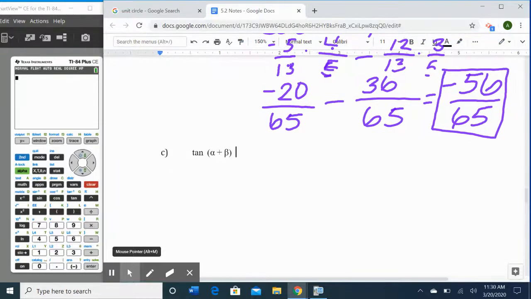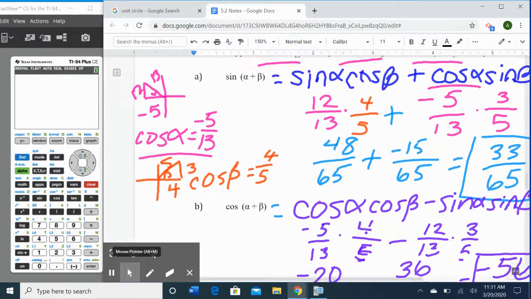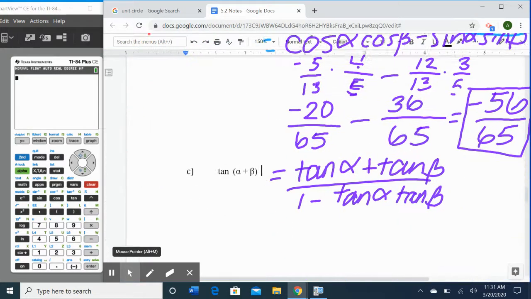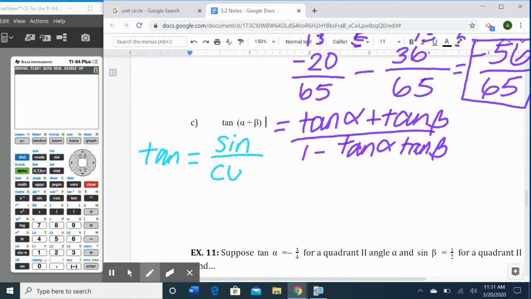Okay, the tangent of alpha plus beta. We have a formula that says the tangent of alpha plus beta is the tangent of alpha plus the tangent of beta over 1 minus the tangent of alpha times the tangent of beta. And you can 1000% use these triangles to find the tangent of alpha, etc. But back in 4.2, we learned that tangent is equal to sine over cosine.